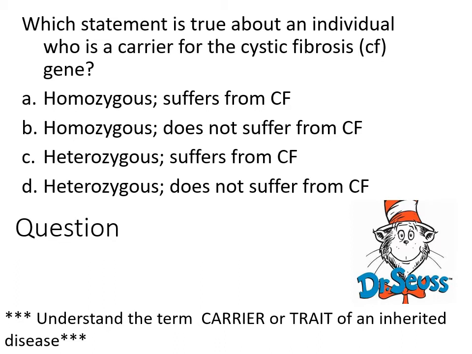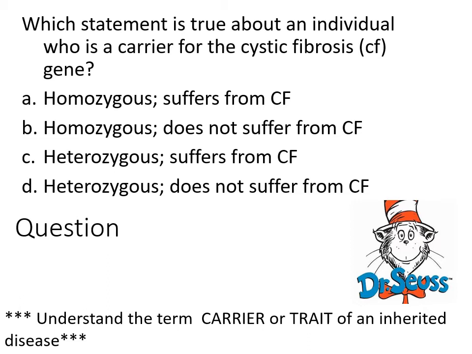They don't have identical alleles. So A is definitely out. B is definitely out. Okay, C, heterozygous and suffers from cystic fibrosis? Definitely not, because in order to suffer from cystic fibrosis, you need both alleles to be defective. It's an autosomal recessive disease.